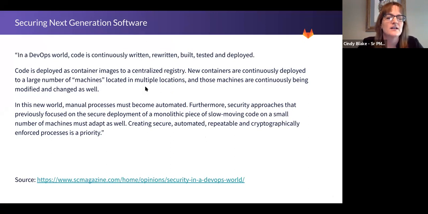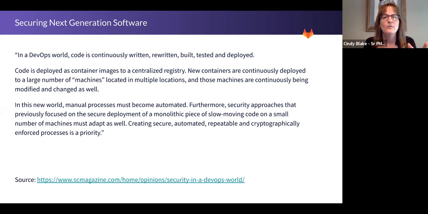I know there's a lot of text here, but I got this from an SE Magazine article, and I just thought it did such a good job of articulating this that I wanted to use the quote as is. In DevOps, I mentioned iteration, and things are much more iterative and in smaller chunks. So, how do you swallow a whole elephant? A bite at a time, right? It's a matter of taking pieces.